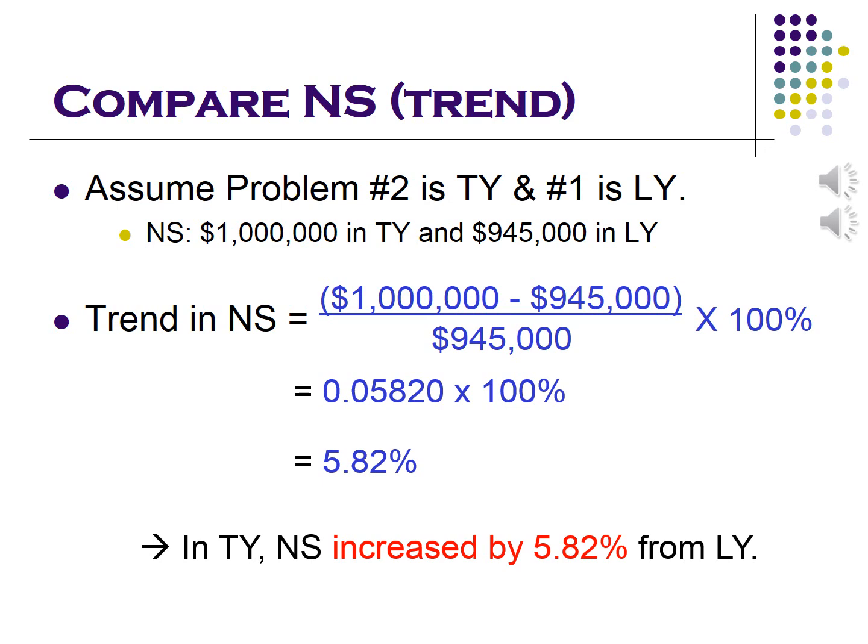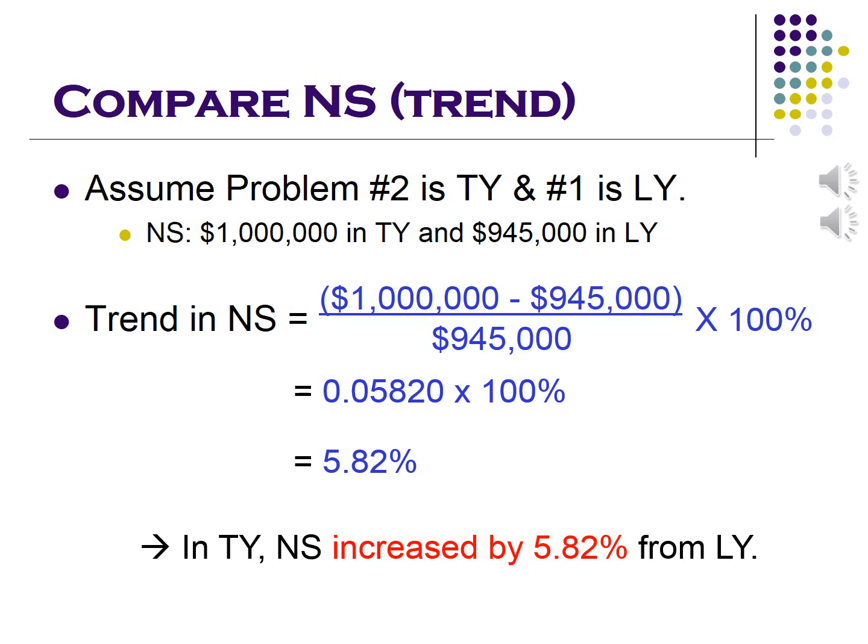Again, remember the formula for trend calculation, which is this year's dollar minus last year's dollar over last year's dollar. So in this case, this year will be $1 million minus last year's $945,000, and divide that by $945,000, last year's sales, and times that by 100%. And that gives us a trend of 5.82%.